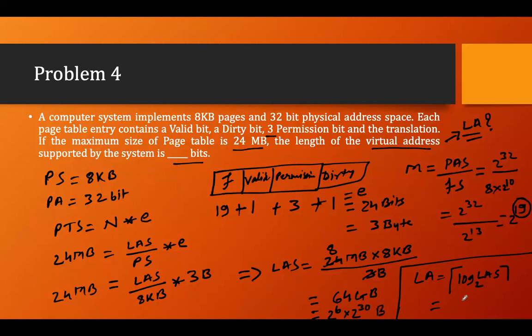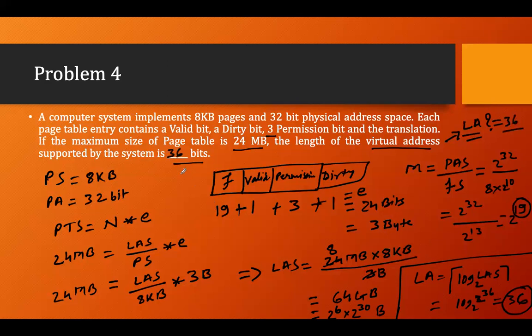That will apply here. It will become log 2 of 2 to the power of 36. So it will become 36. So 36 bits is the logical address. The answer is 36 bits.